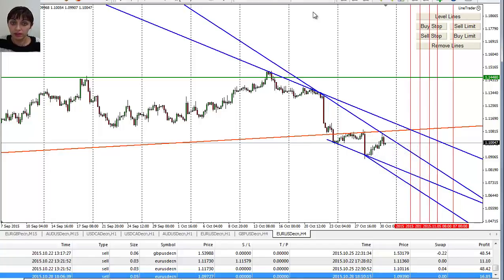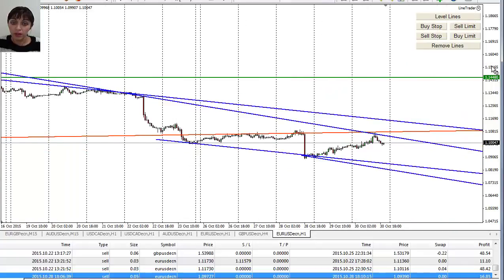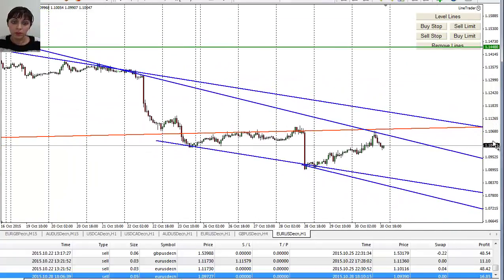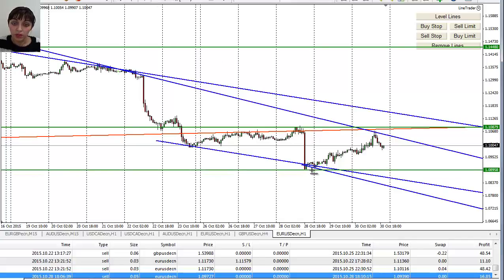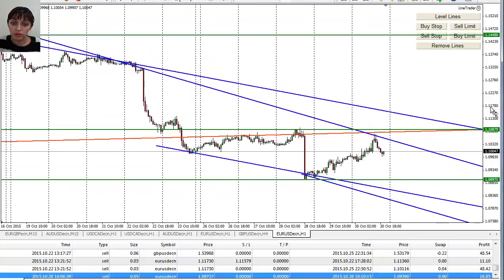So this is analyzing the previous week. And next I have to point out where we have the maximum and the minimum of the previous week, maximum price and minimum price, so we would know what price range the market is moving in.